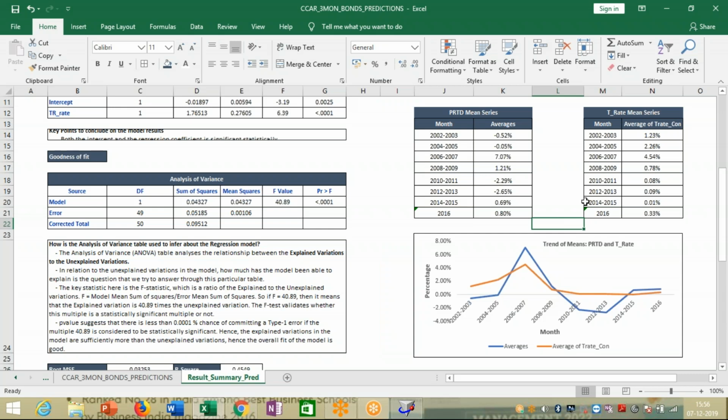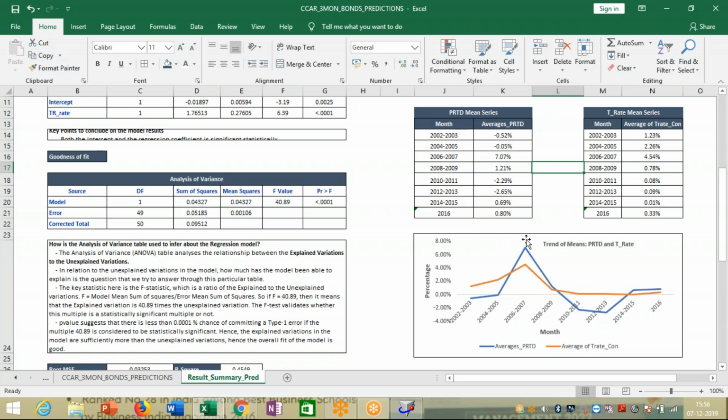Now, given that there has been a permanent change in the trend, we can say that yes, there is a structural break, and it is not only for this series, right?